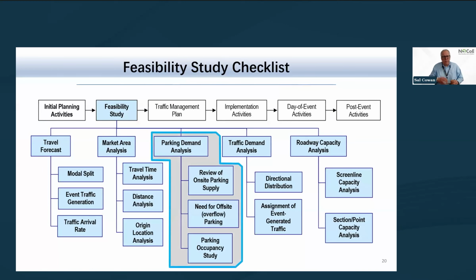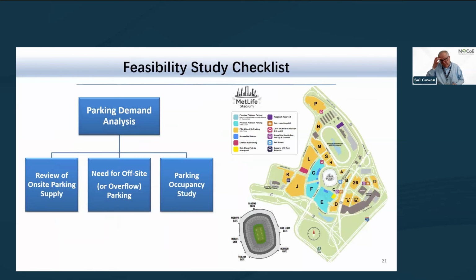Next, we're going to walk through parking demand analysis. Now, this is a huge topic of conversation, especially for the FIFA World Cup in 2026. One of the things that the folks involved with World Cup activities in FIFA have said from the start is that for the World Cup in 2026, there will be a reduction in on-site parking.